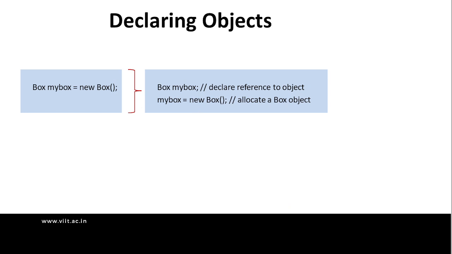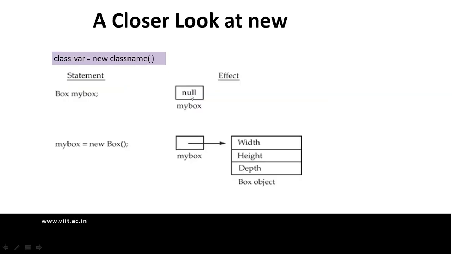Declaring an object can be a one or two step process. In our case, Box b1 equal to new Box, Box b2 equal to new Box, we are done. Or, Box myBox, then myBox equal to new Box. In this way also you can declare the object. A closer look at new: class variable equal to new class.